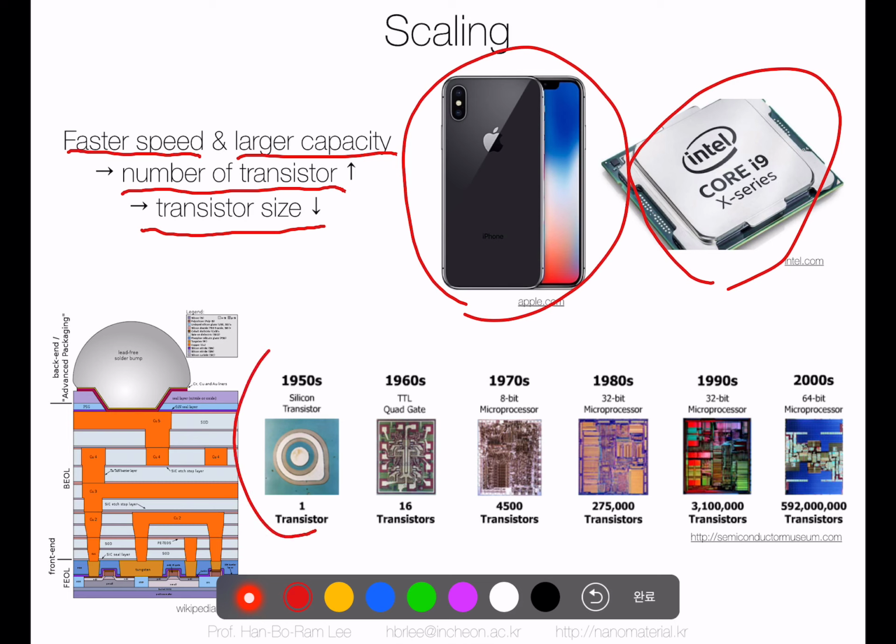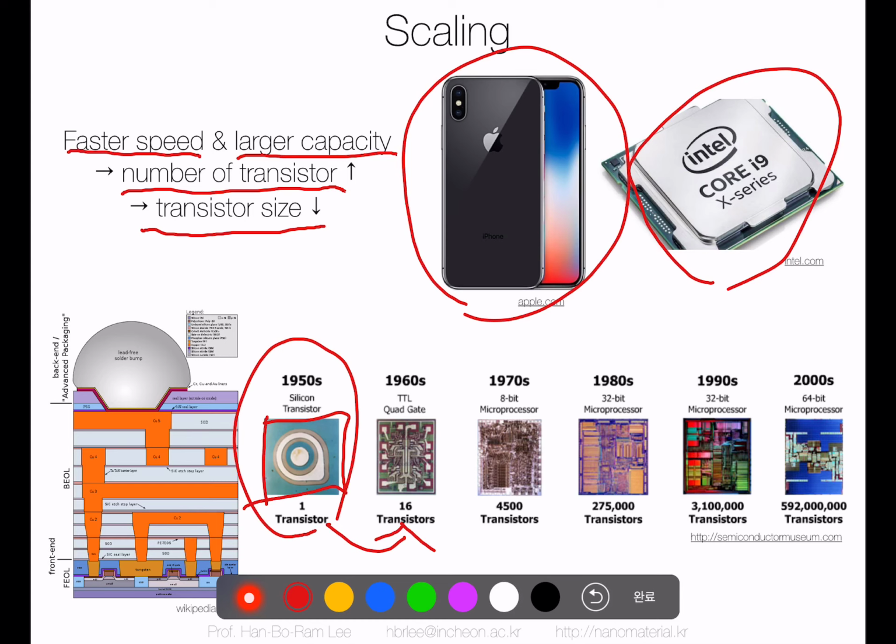So this is a really good example. This is almost the first transistor, and we only put one transistor of this size, but the number of transistors has increased very fast, like 16, 4500. It's now almost 600 million.